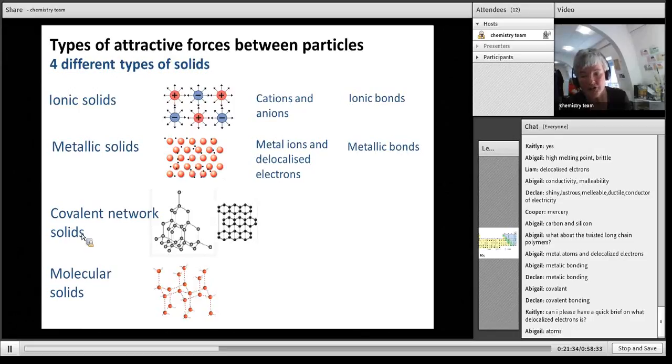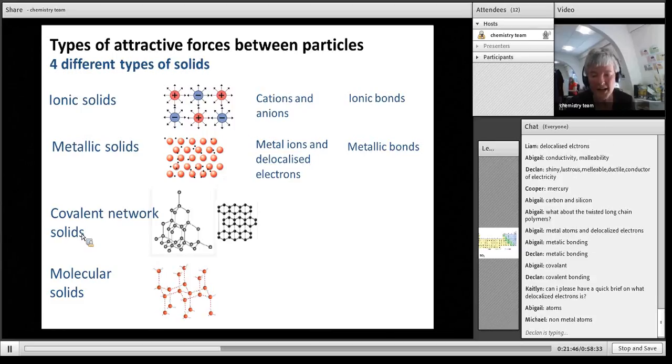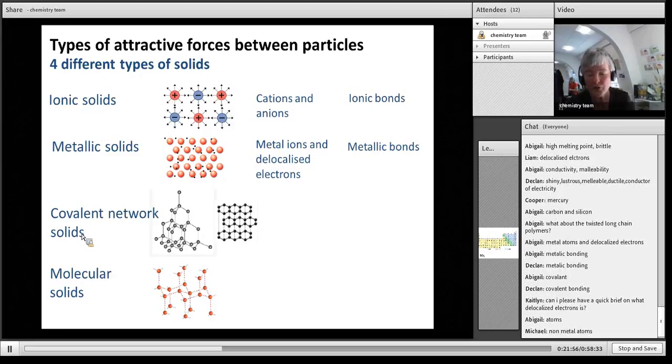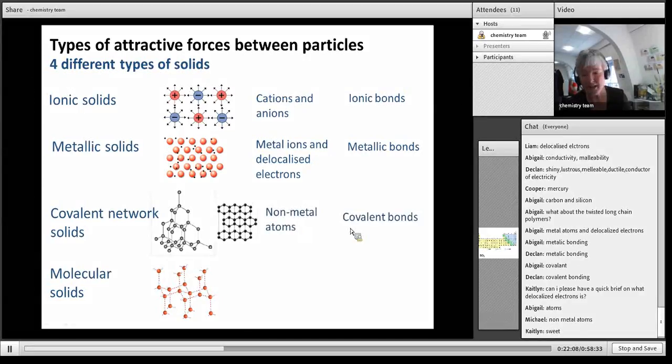Now, Abigail, that's correct, but be a bit more specific. What type of atoms? They are atoms, but non-metal atoms, correct? Because you don't really get the covalent network in metals, only in non-metals. Now, Caitlin, I will answer that question after we've done this. We're going to go into the metallic bonding, and I'll explain delocalized electrons, if you don't mind waiting a short bit. Okay, so we've got non-metal atoms and their covalent bonds.